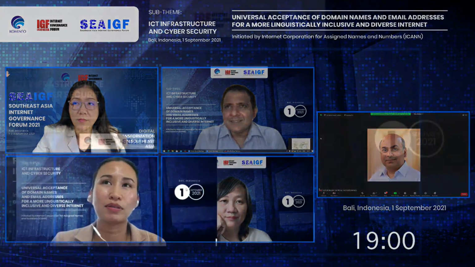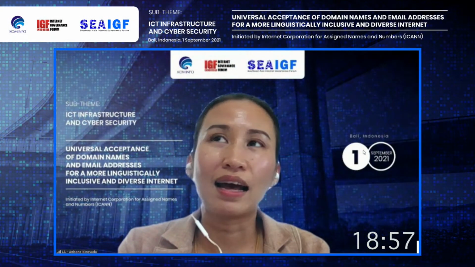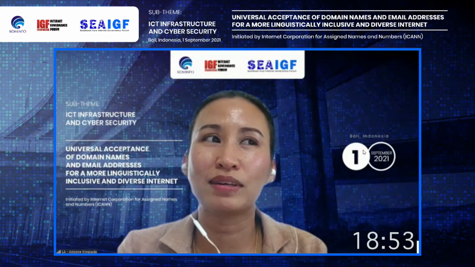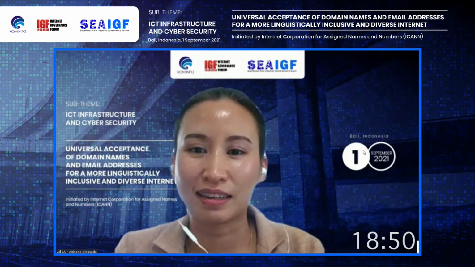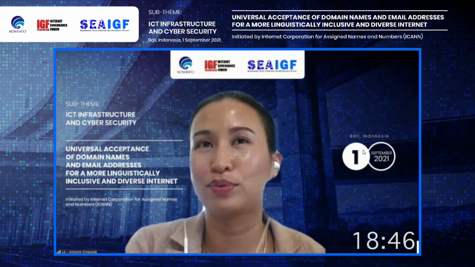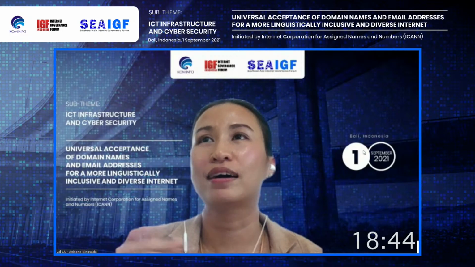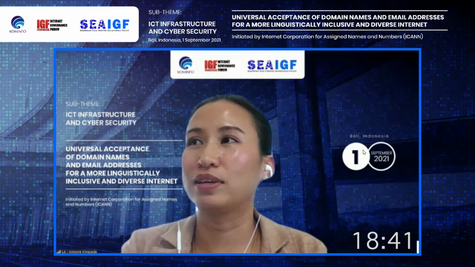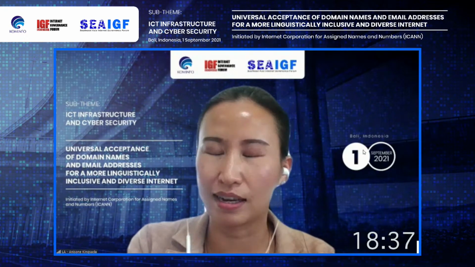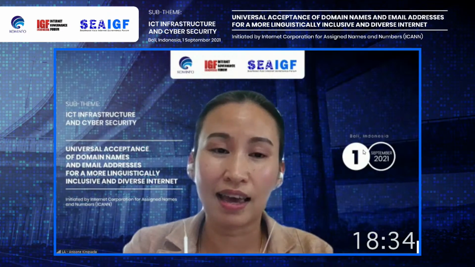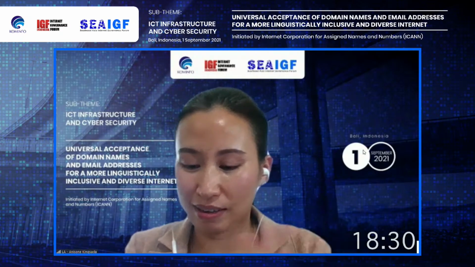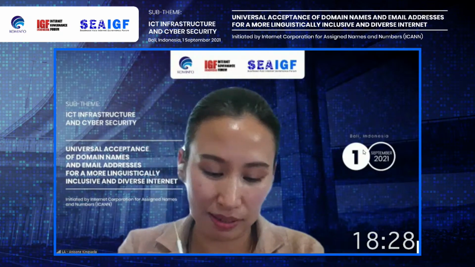I ask for your suggestion because we are currently studying it, and we want to know what we have to do as the first step so that our email server can support email in the local language.